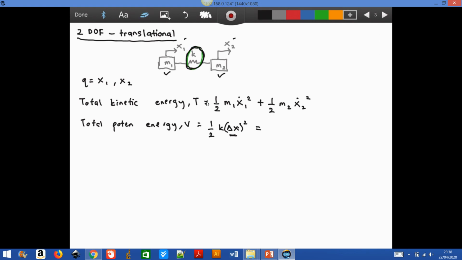The spring here is attached to, or will react with, x1 and x2. So delta x would be x2 minus x1, because it's the difference between x2 and x1. Therefore, the total potential energy would be half k (x2 minus x1) squared.